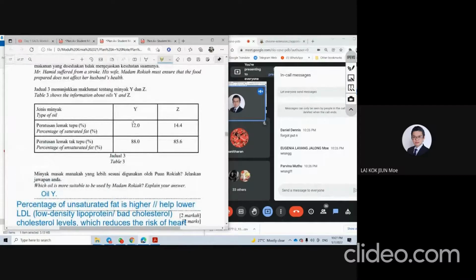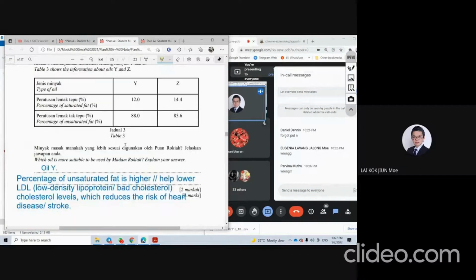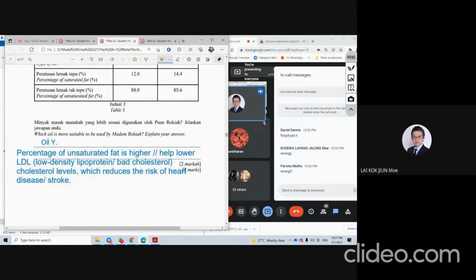OAY actually is a high percentage of unsaturated fat. So it's good. Unsaturated fat is good because you can use the keyword: lower LDL. LDL is actually bad cholesterol, not good one. You don't say LDL is good. Low density means it's a bad cholesterol. Don't want. Okay, so it can reduce the risk of heart attack. Can.